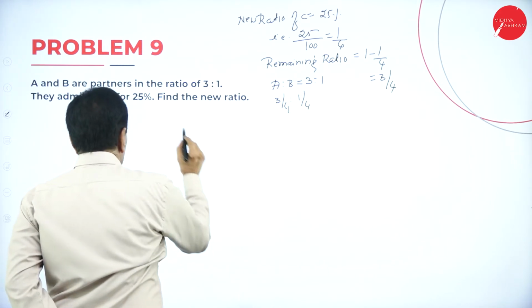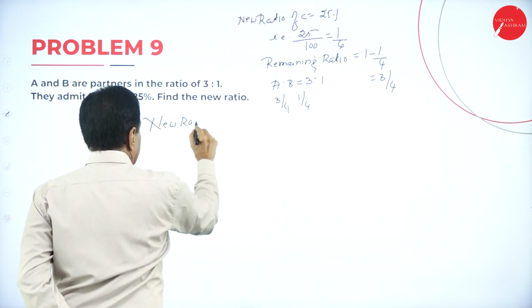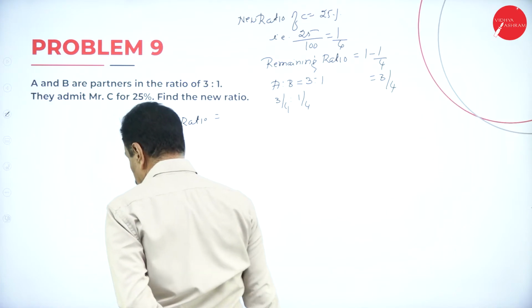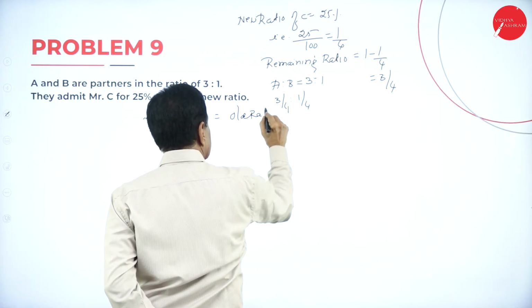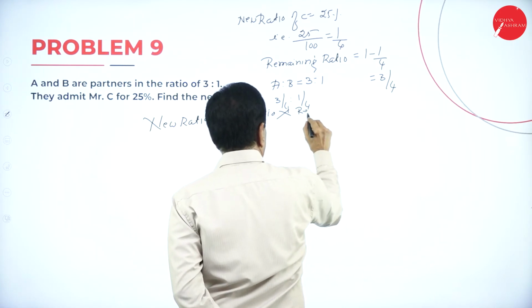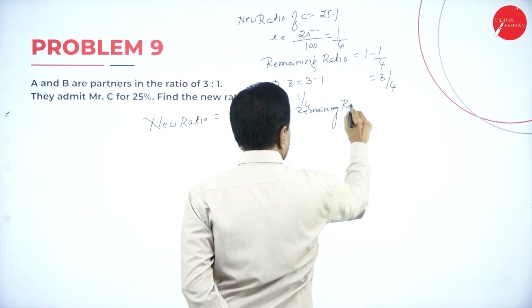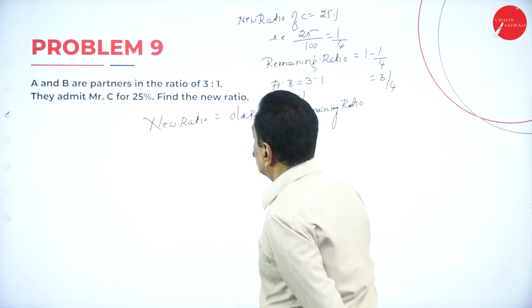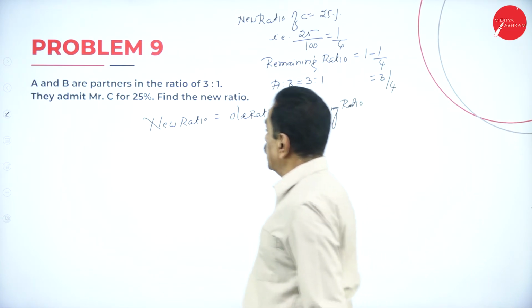So, apply new ratio is equal to old ratio multiplied by remaining ratio.